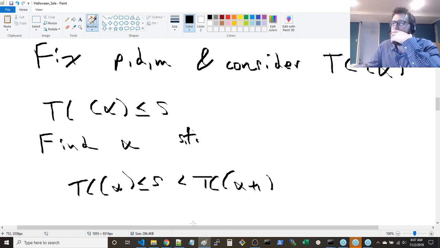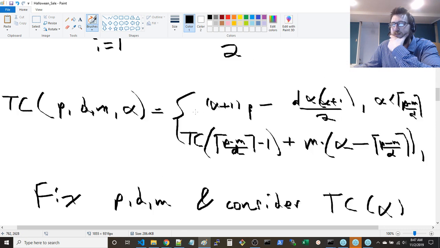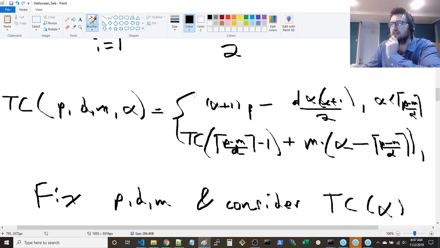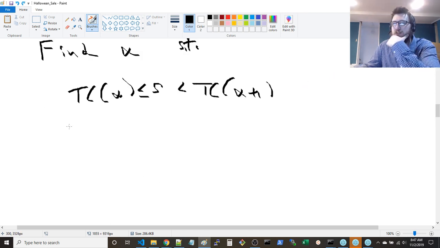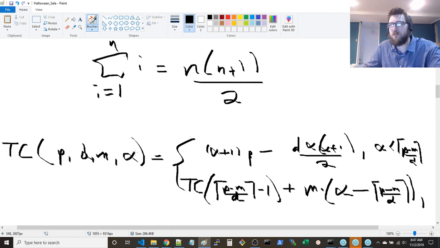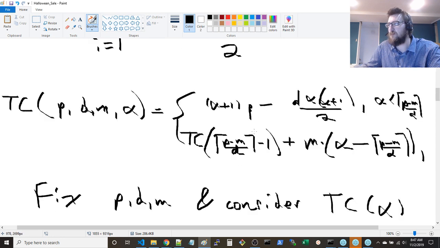How do we do that? Now the first thing we can check is if we're over this boundary or not. Let k be this breakpoint, which we said is the ceiling of p minus m over d.